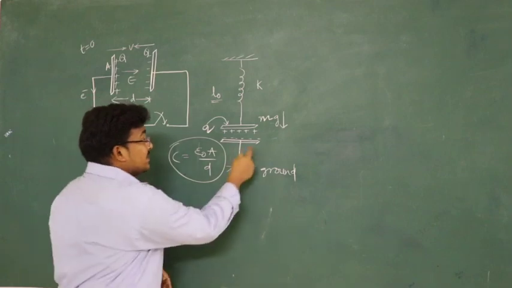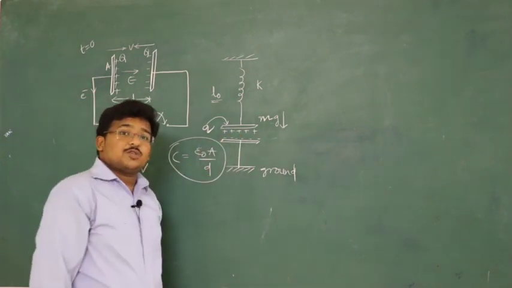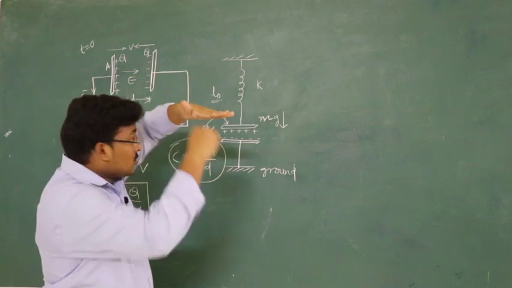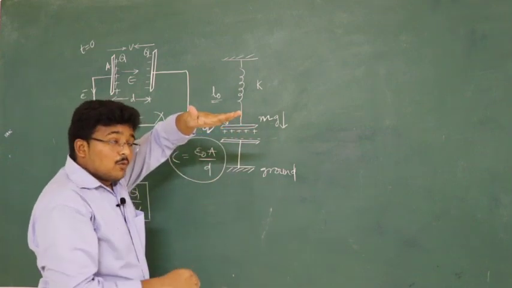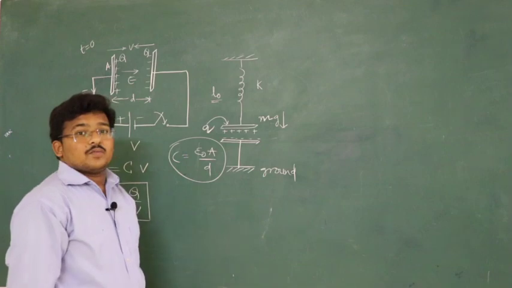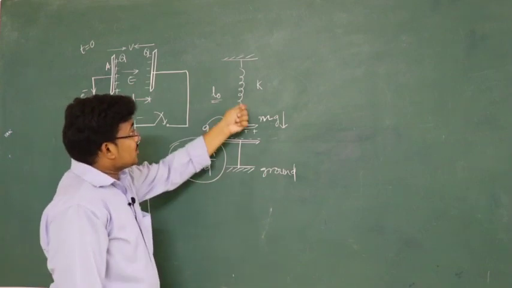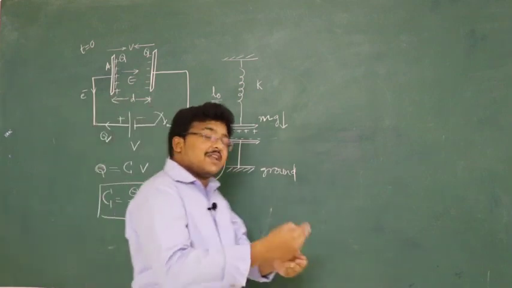Due to that this negative plate will attract the positive plate, so the top plate will move down by a further distance, so that the spring will have one further extension.